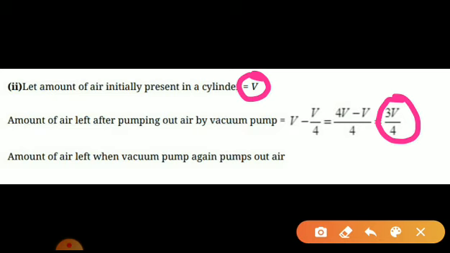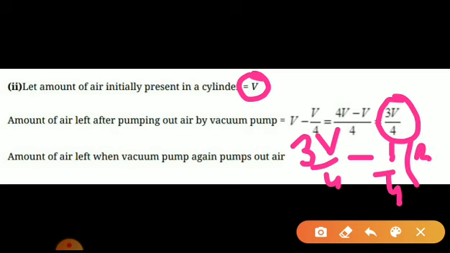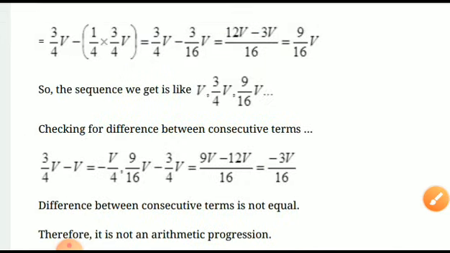Now again, the vacuum pump will remove 1/4 of this remaining air. So when I pump it again, it will be 3V by 4 minus 1/4 times 3V by 4, the amount of air it was having. Just check.